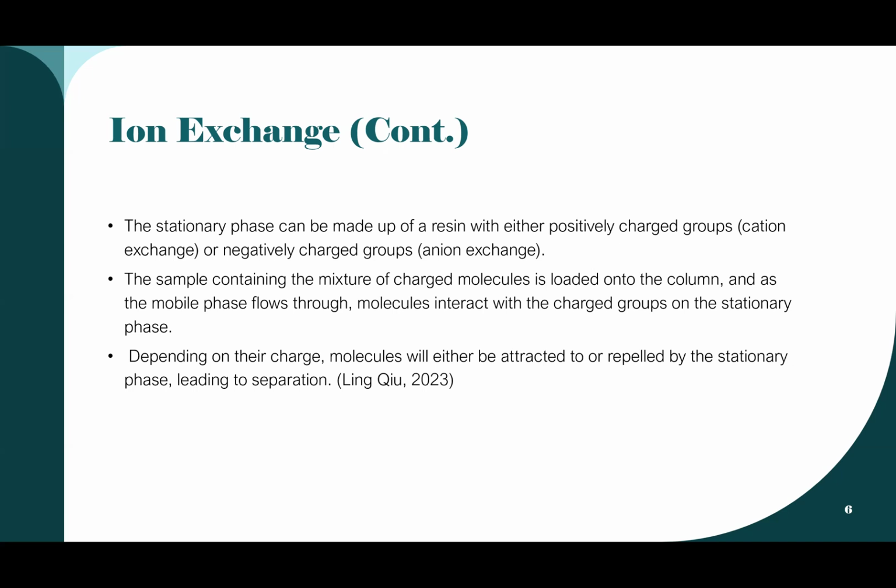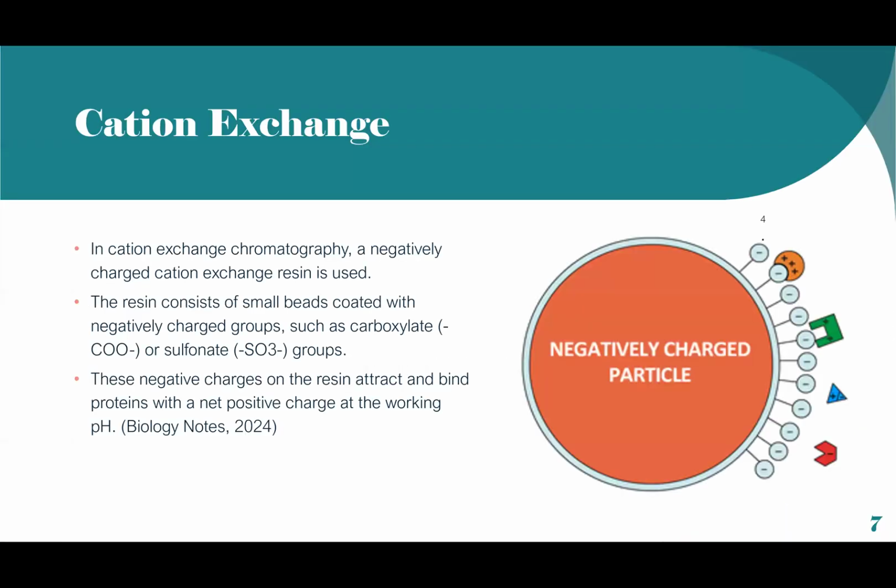Depending on the charge of the resin within the column, the molecules will either be attracted or repelled by the stationary phase, leading to the separation. So it depends on your resin which type of ion exchange you're going to use. We'll get more in depth on the types of exchange, following next, with cation exchange.